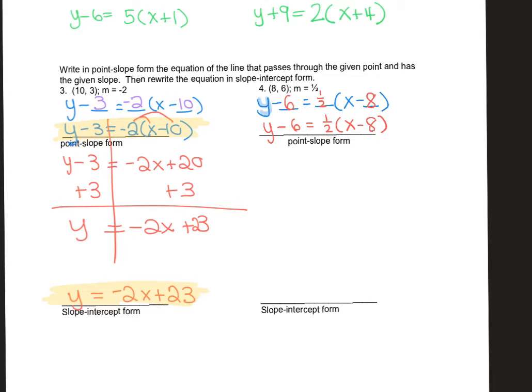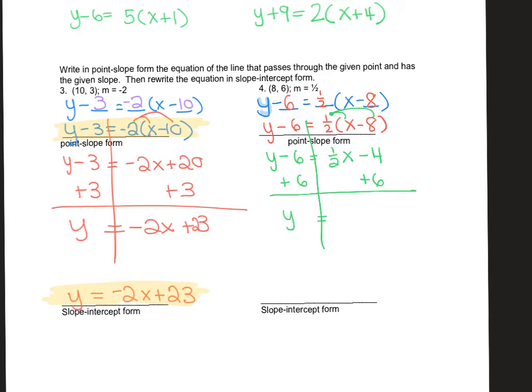In order to get it into slope intercept form, I have to distribute out the 1/2. So I leave the y minus 6 and I get 1/2 x minus 4 on the right side. And then I add 6 to both sides.